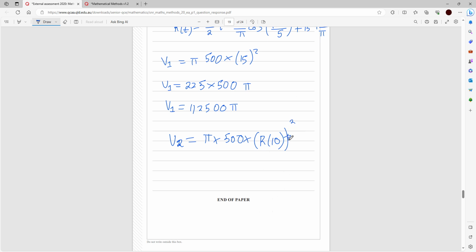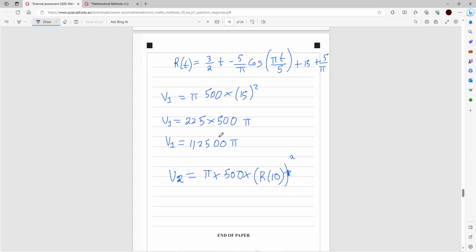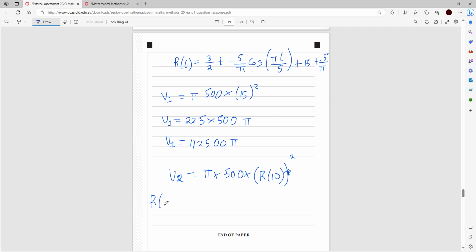Okay, so we're going to work out r of 10, so go r of 10 and substitute wherever there's a t, pretty much replace that with a 10. So we'll go: is equal to 3 on 2 times 10 minus 5 pi cos of 10 pi on 5 plus 15 plus 5 on pi.